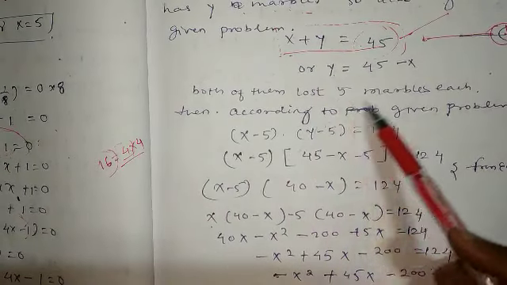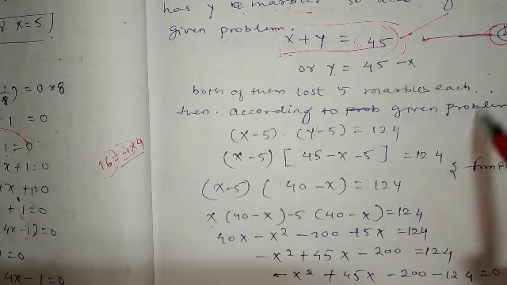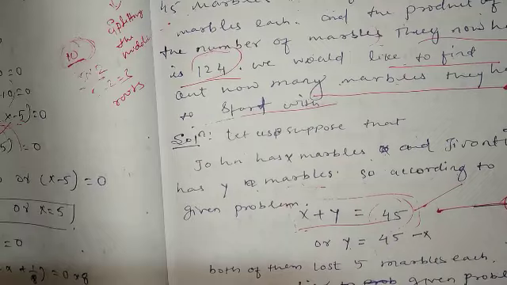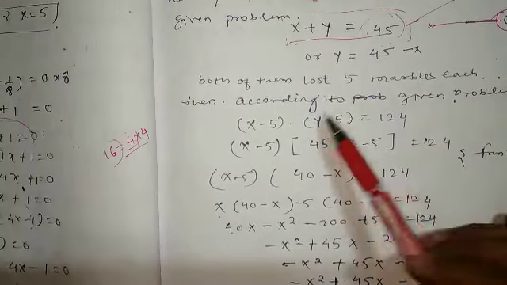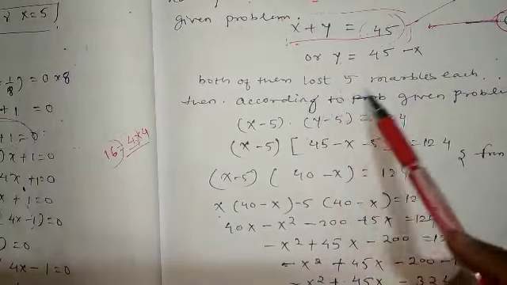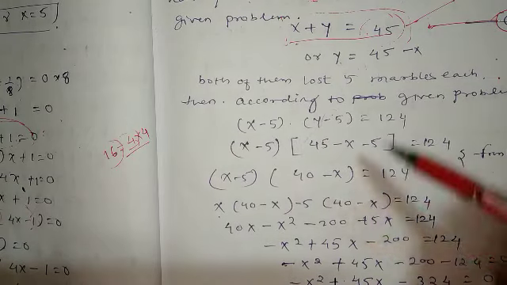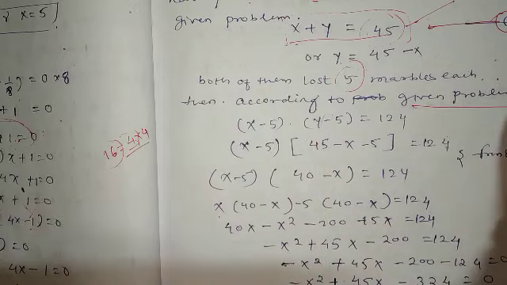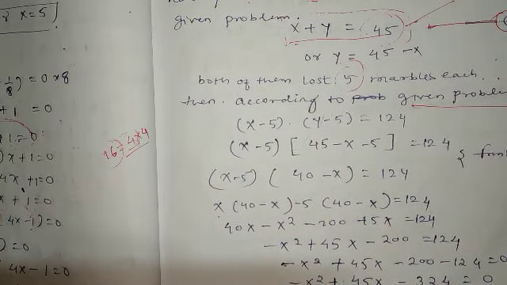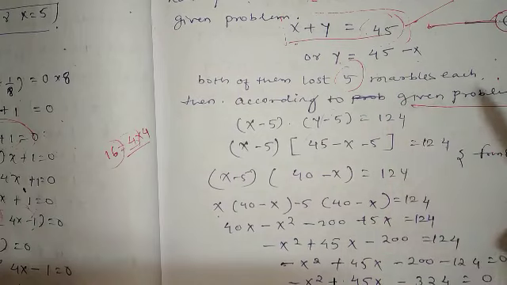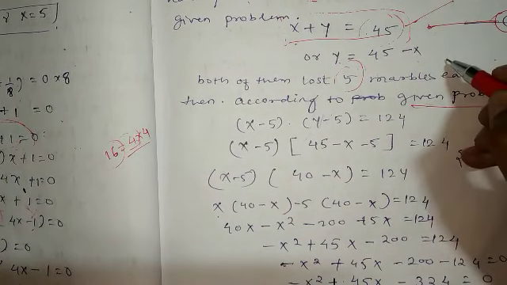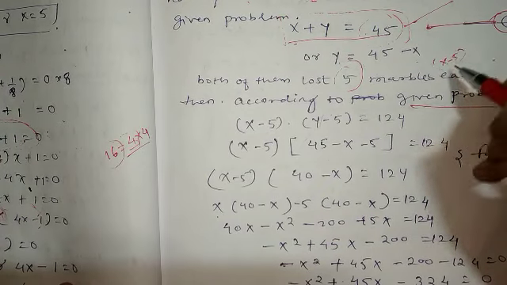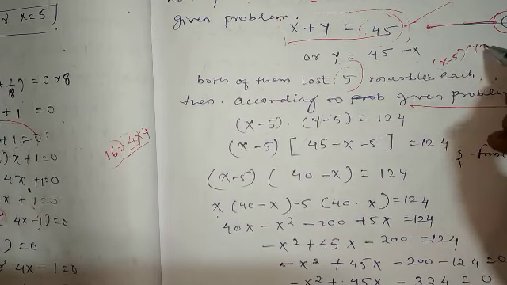Both of them lost 5 marbles each. As per our question, they lost 5 of their marbles. So after losing these 5 marbles, John has X minus 5 marbles and Jivanti has Y minus 5.